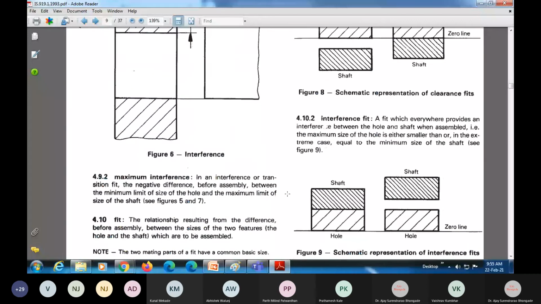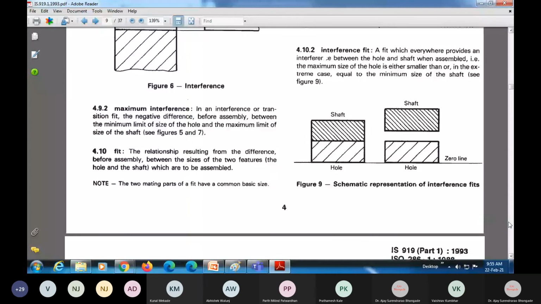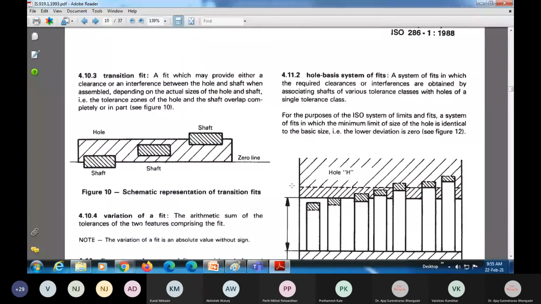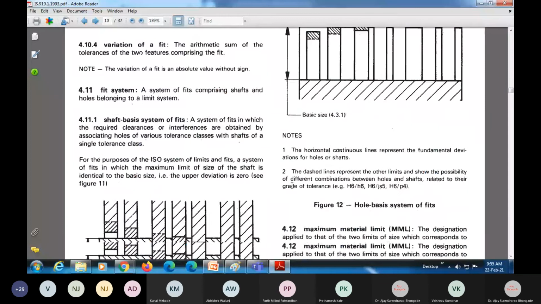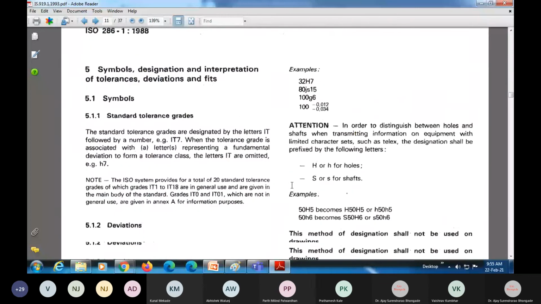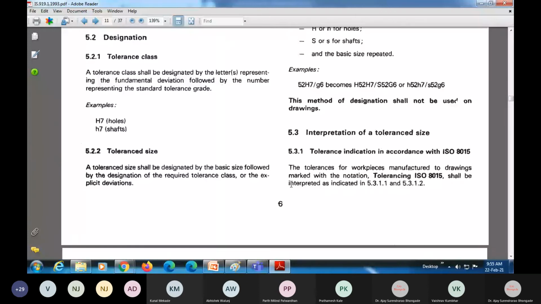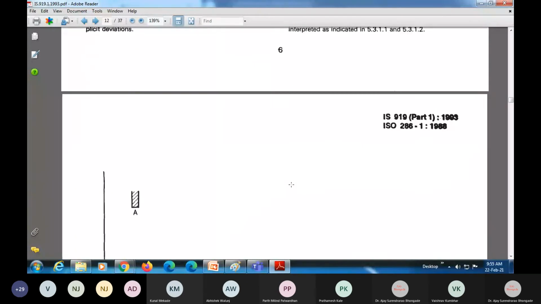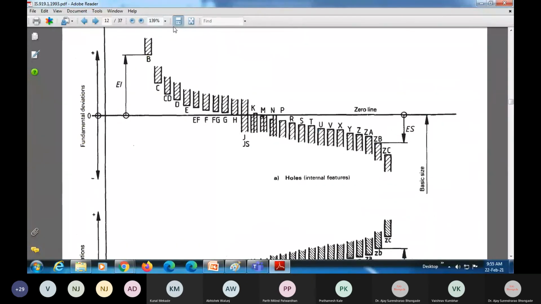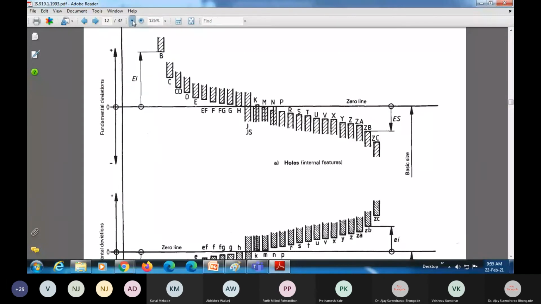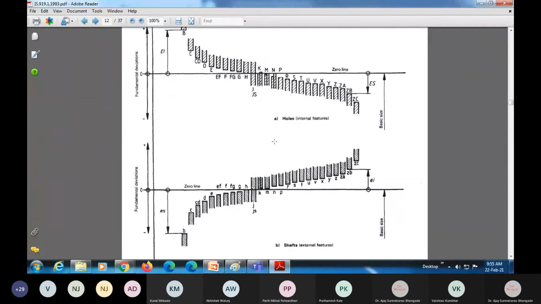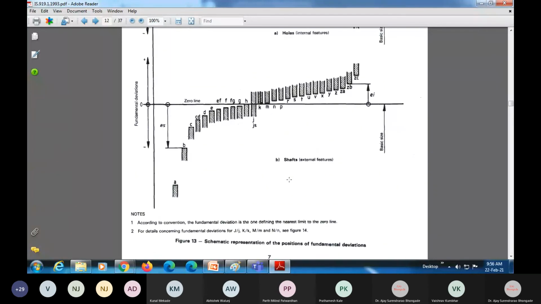I will upload this file in the posts section or the files section of the team, and you can refer to that. Okay. So likewise, what I want to tell you is that they have given certain tables. Now this figure we have already seen, where what is the meaning of this particular deviation, right? So these things have also been seen there.